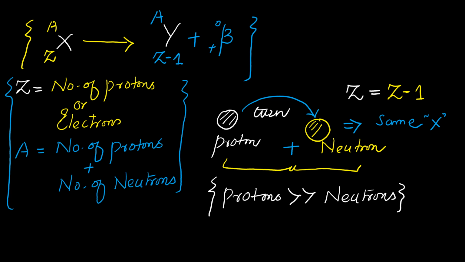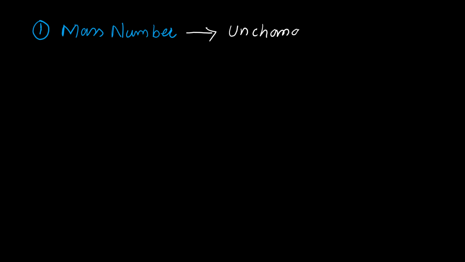So now student, please keep in mind these two rules for positron decay. Number one rule is that in positron decay, the mass number does not change. It remains unchanged. So any radioactive element going through positron decay, the mass number of that element does not change.